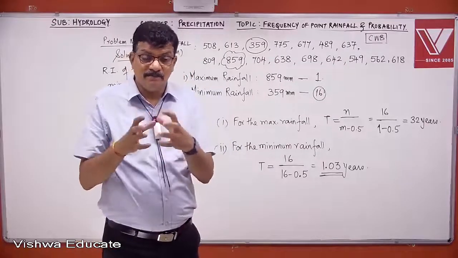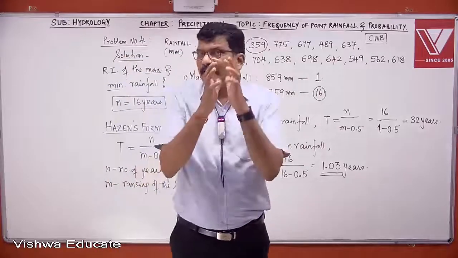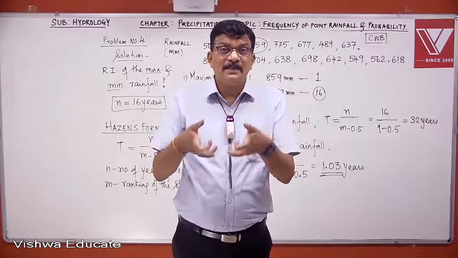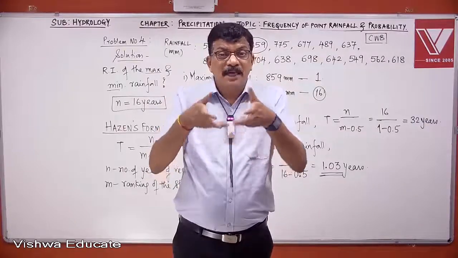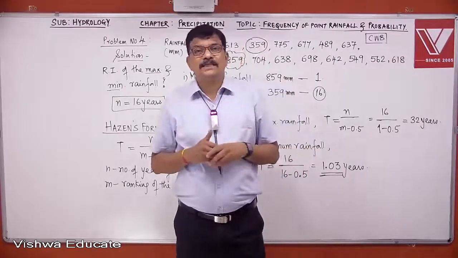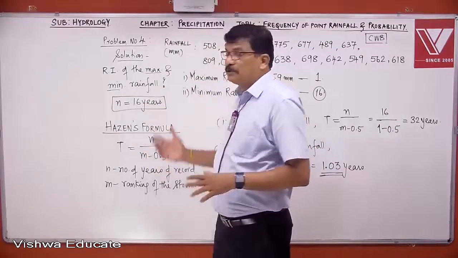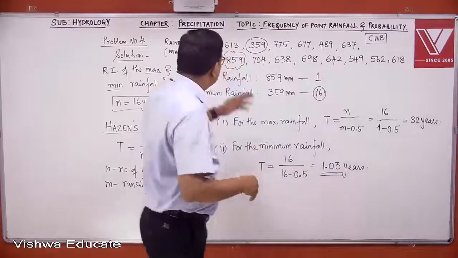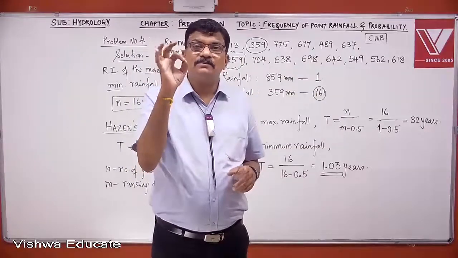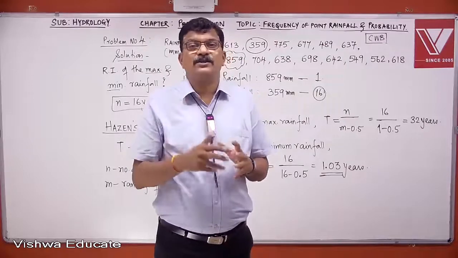Is it not a very good finding? So we can now plan for the water resources. In a particular region, if you are getting a rainfall of 359 millimeters at least, with that depth of rainfall, we can do what we call water budgeting. Now let me tell you, because we are almost through the first topic, the first chapter rather, you should understand the ultimate objective of hydrology, as I mentioned in my first class, is development of water resources.